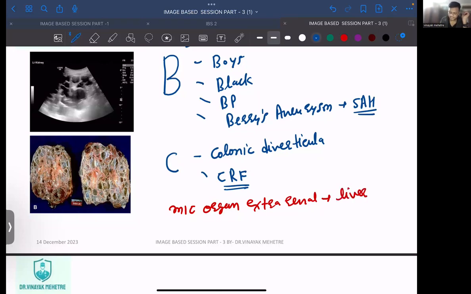And what is the treatment for this patient? Patient is going to die of chronic renal failure, so what we need to do? We need to change it. That means renal transplant. Yes, correct.